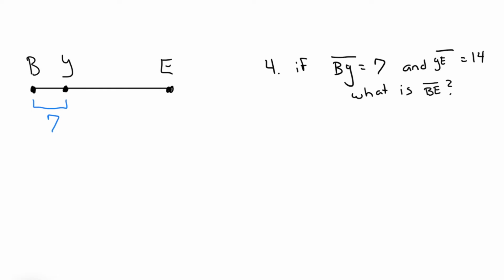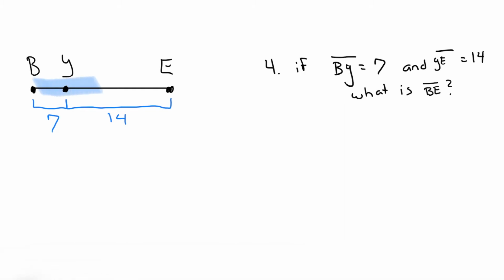So this is YE. It's equal to 14. If you don't need to do this, then don't do it. But if this is helpful to you whenever you're doing your homework, just go ahead and fill it in there so you can see it visually. Okay, so if BY is equal to 7 and YE is equal to 14, then what is BE equal to?